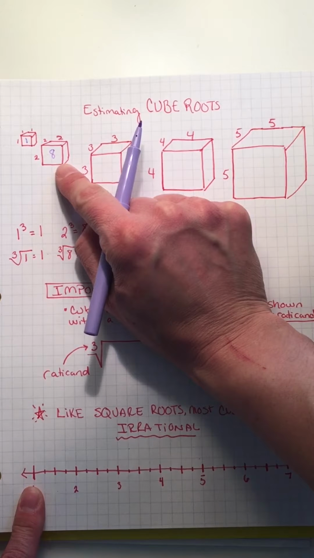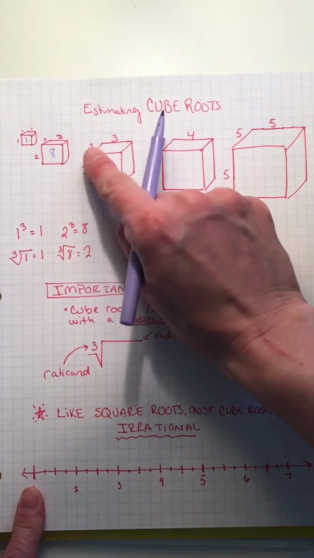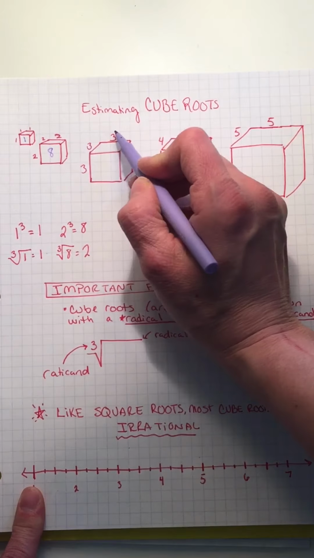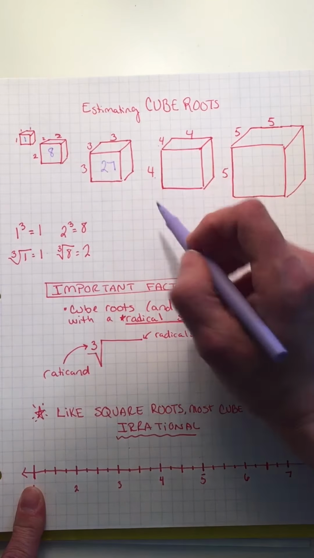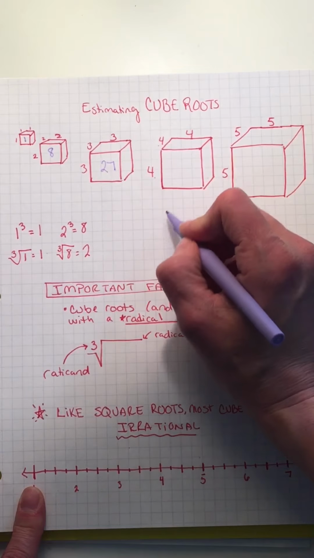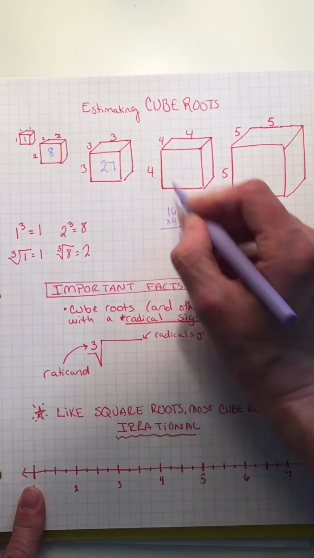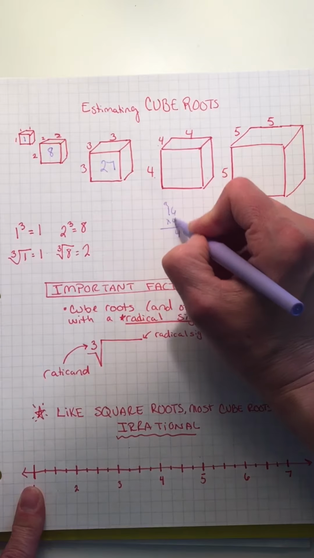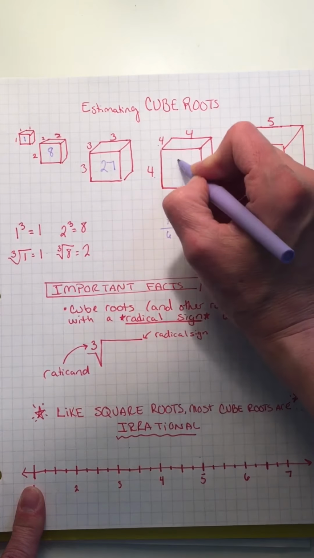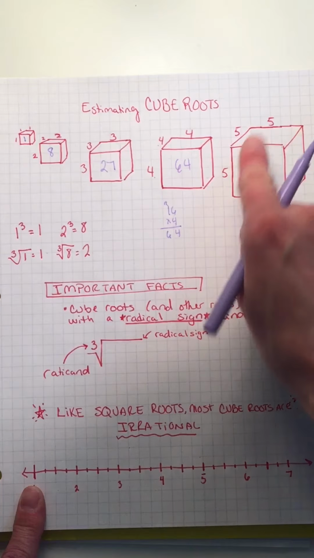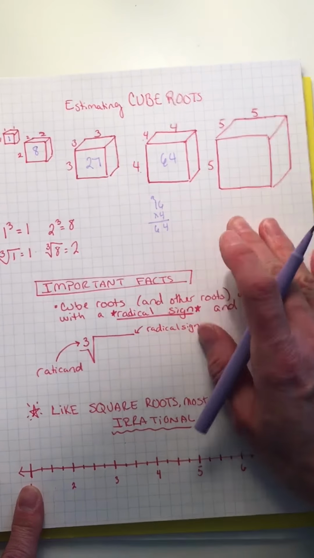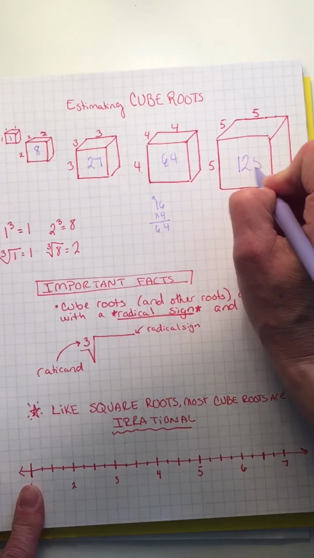The volume would be 8 cubic units. 3 times 3 times 3, 3 times 3 is 9, times 3 is 27. 4 times 4 times 4, 4 times 4 is 16, 16 times 4 is 64. So 64 cubic units. 5 times 5 times 5, 5 times 5 is 25, 25 times 5 is 125.